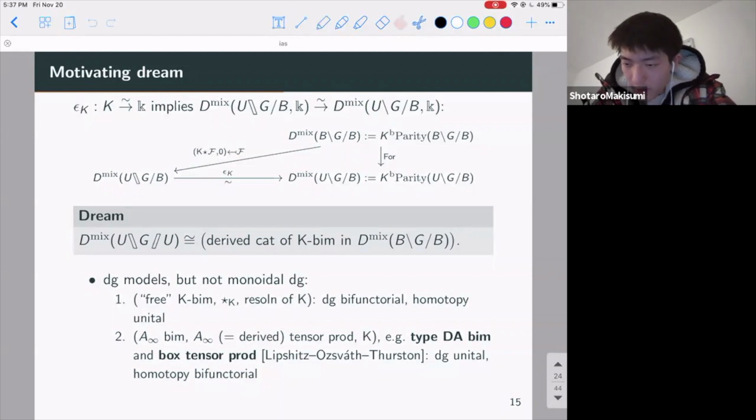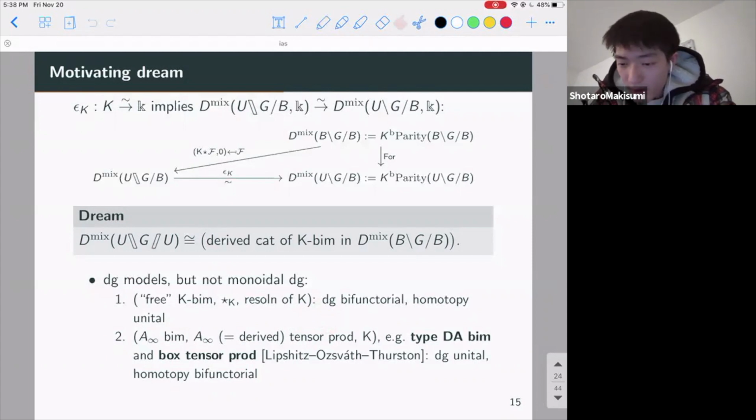But in that case, the monoidal identity of K bimodules is K itself, which is not free as a K bimodule. So in a DG model, if you wanted to get a monoidal DG category, you have an issue because now you have to resolve this K as a K bimodule, but then you lose unitality at the DG level. So in this DG model, you do have bifunctoriality of your monoidal product at the DG level, but it's only unital up to homotopy.